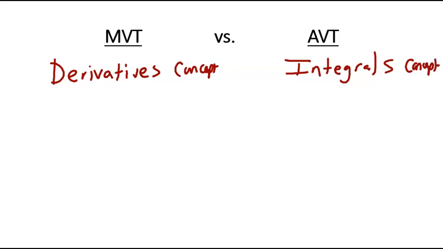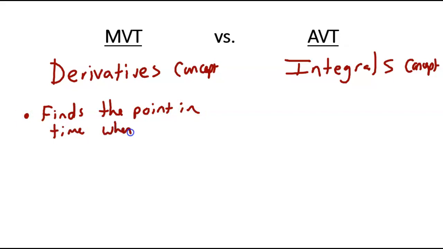Okay. Now, what I really want you guys to understand is that the mean value theorem helps you find the point in time when your instantaneous rate of change equals your average rate.